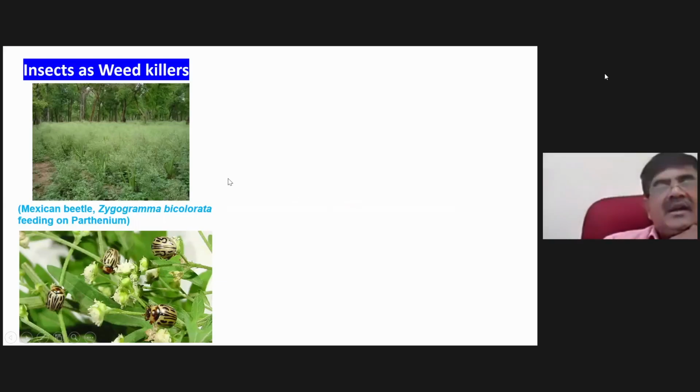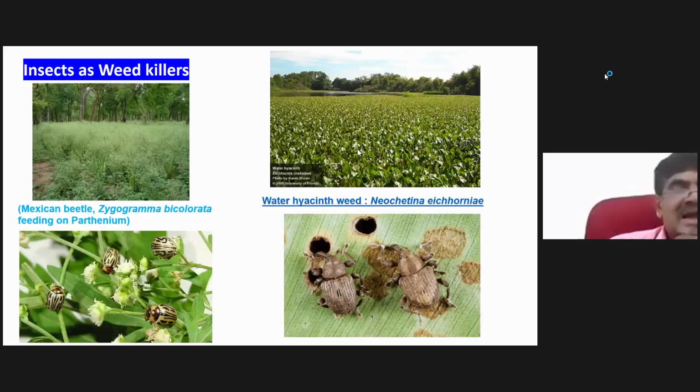Similarly, when you go outside to some of the lakes, you might have found some aquatic weeds. Even the aquatic weeds are fed on by insects. As you see in the diagram, these are the aquatic plants that have covered the entire water.